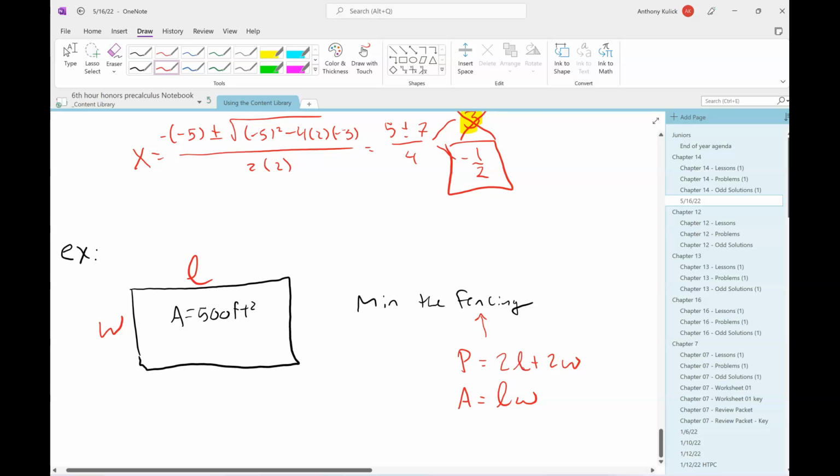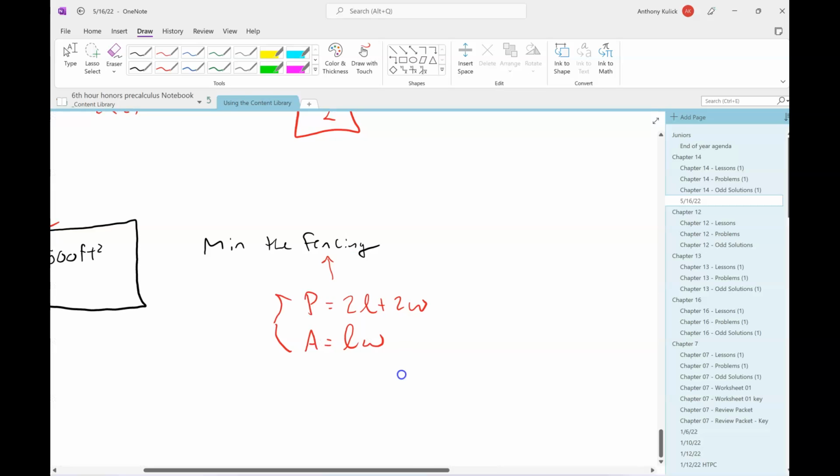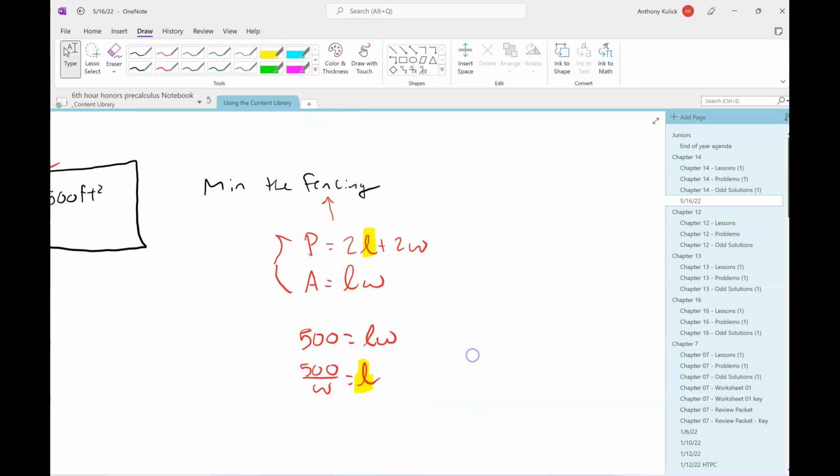What I'm going to do is create a system of 2 equations now using area and perimeter. So I know the area is 500. So I'm going to solve that equation for either L or W. It doesn't really matter. And then I'm going to substitute it back in to my perimeter equation.